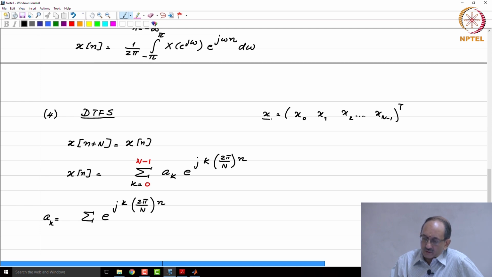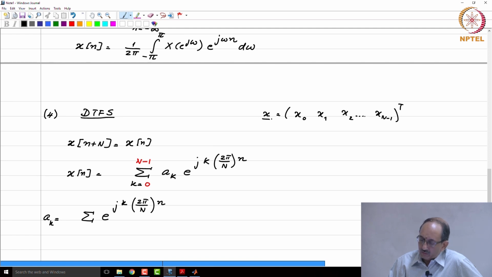So, I can think of this as an N component vector, right. Remember, x of n plus cap N is x of n. So, your only range of values you are interested in is from 0 to N minus 1. Anything outside this range is something that already falls in this range. Therefore, to completely specify this sequence, you can think of this sequence from 0 to N minus 1 as a vector having elements x_0 to x_{N-1}.